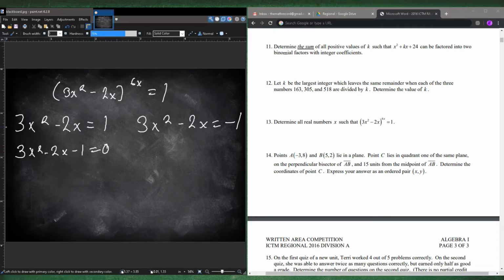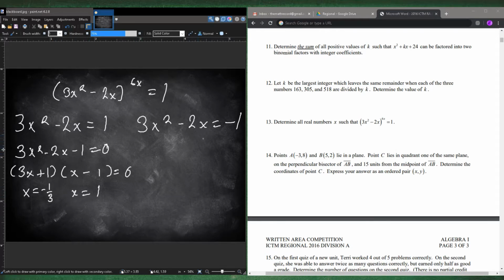Finding the factors, we have 3x and x. So we have a negative 2 here, so this is the negative 1, this is the plus 1, and that's equal to 0. So x is equal to negative 1/3, and x is equal to 1.